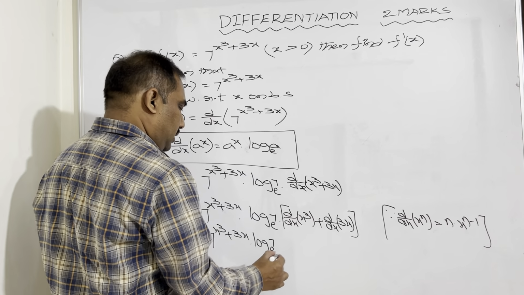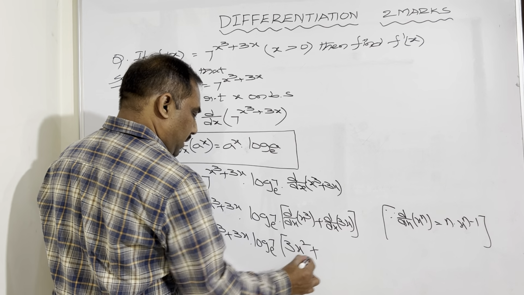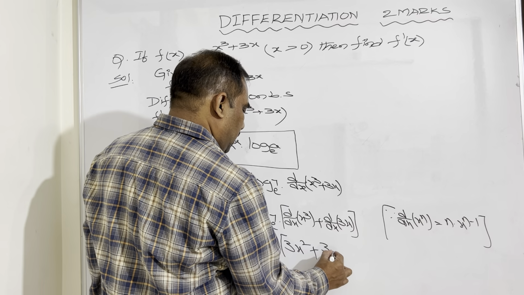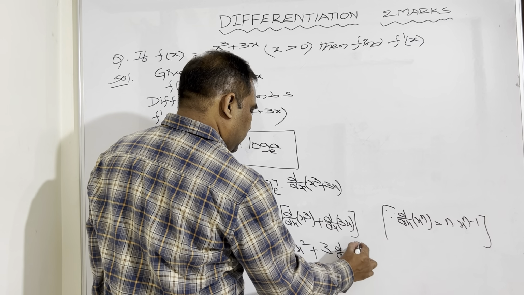So as per that we get the derivative of x cube is 3x square plus derivative of 3x, which is 3 into derivative of x, 3 is a constant.